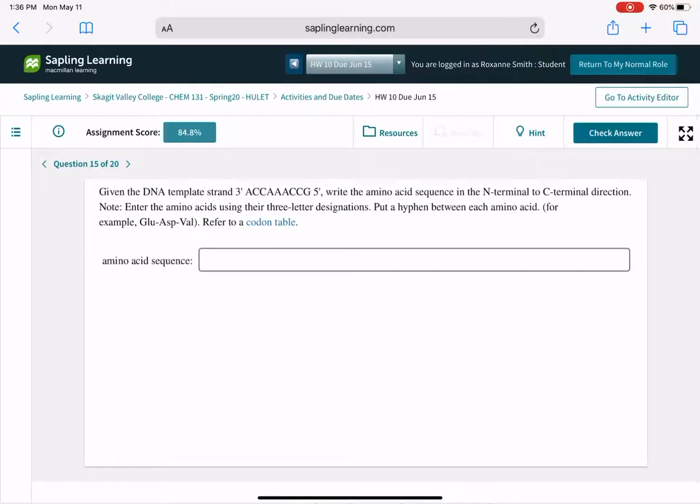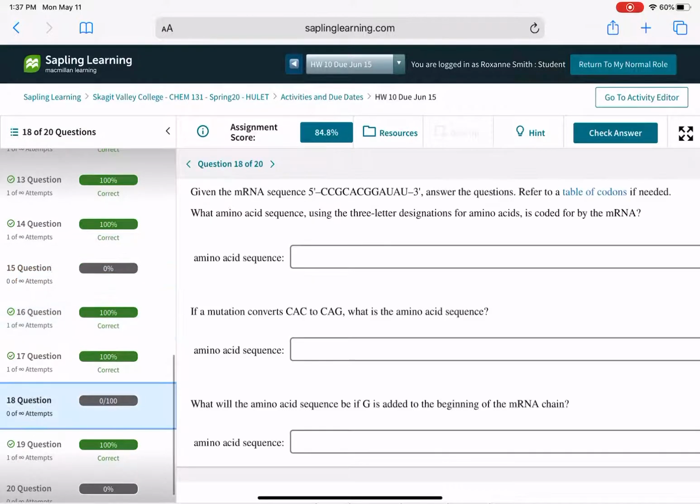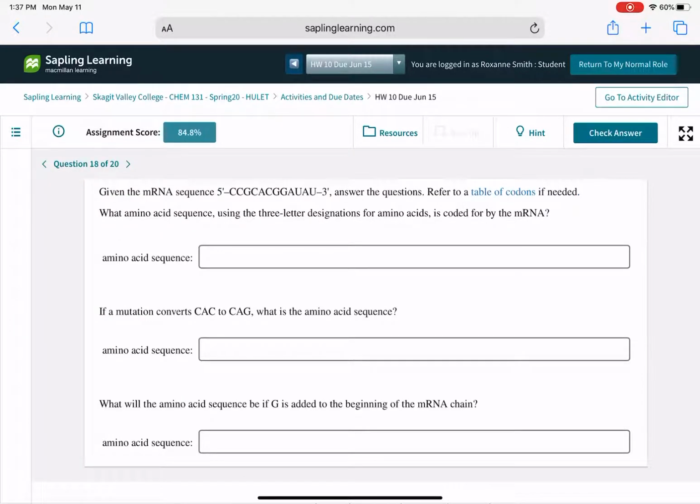So now let's see what else we're going to work on. We're also going to take a look at question 18. This one's actually easier than the last one. Here is an mRNA sequence, and what amino acid sequence is coded for by the mRNA?